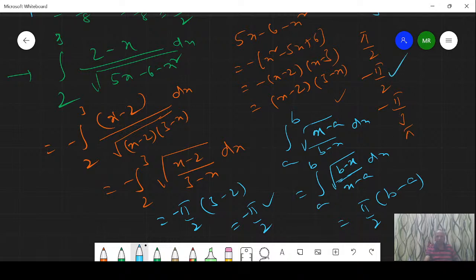Minus pi by 2 is your answer. Most important problem: minus pi by 2. Correct? I hope you understood this. Concepts are important; directly you can write your answers. Remember the standard equations, what I told you, and using them we can write your answers.